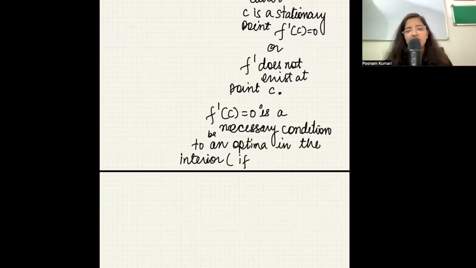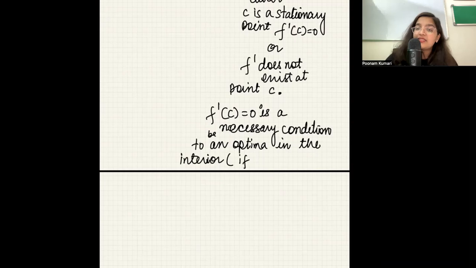If your function is differentiable everywhere. If it's not differentiable, then this is not even the necessary condition. But if your function is defined and its derivative exists at every single point in the interior, then f'(C) being equal to 0 is a necessary condition for being optima. It has to be a stationary point. But if your function is not differentiable, you can still have a point where the derivative did not exist, and you still have either a maxima or a minima value, right?